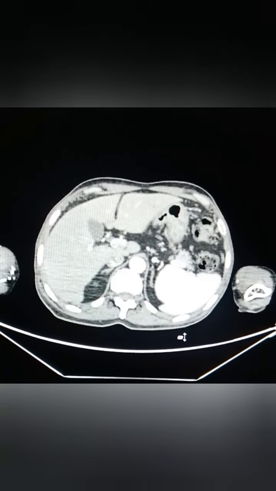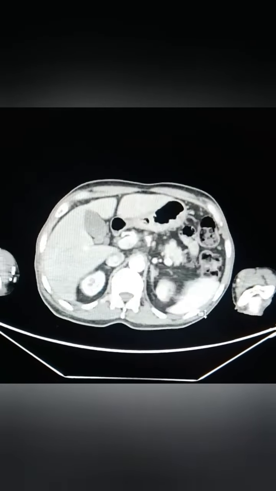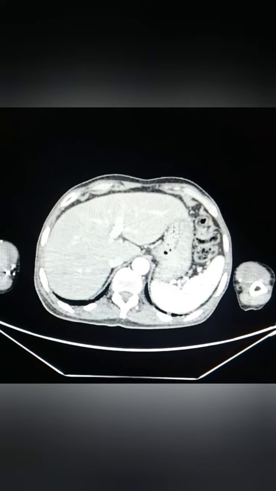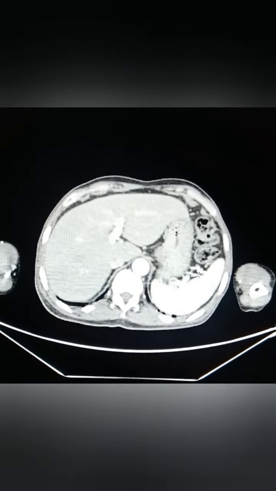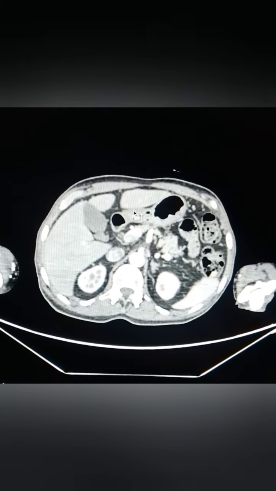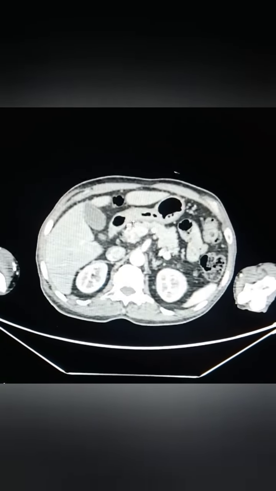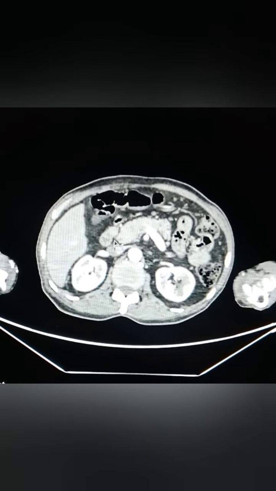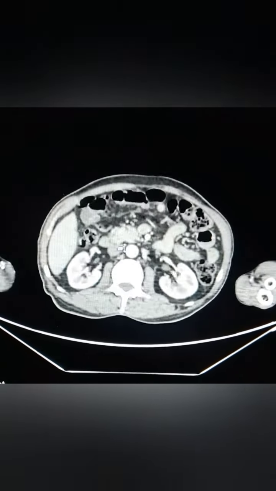Then you see there's a spleen here, and anterior to the spleen, you can see the stomach. In this case, it's not distended. When we trace the stomach, you can see the body of the stomach, the pylorus and the antrum. Then it opens into the first part of the duodenum and into the second part.